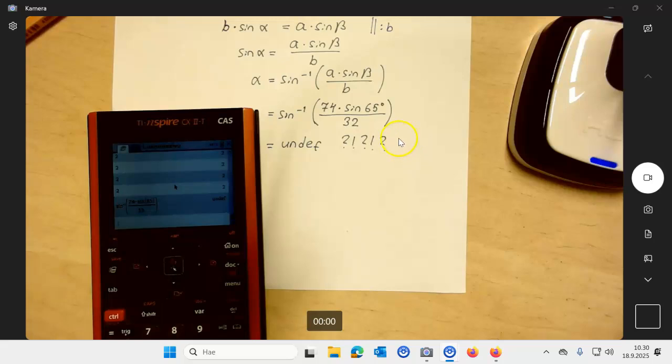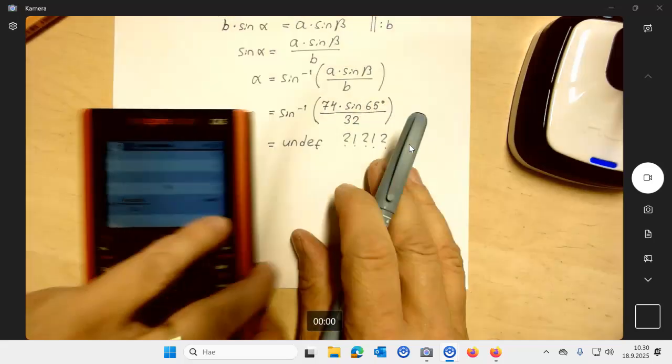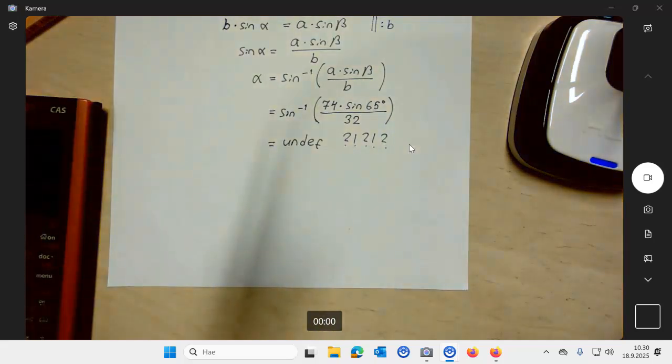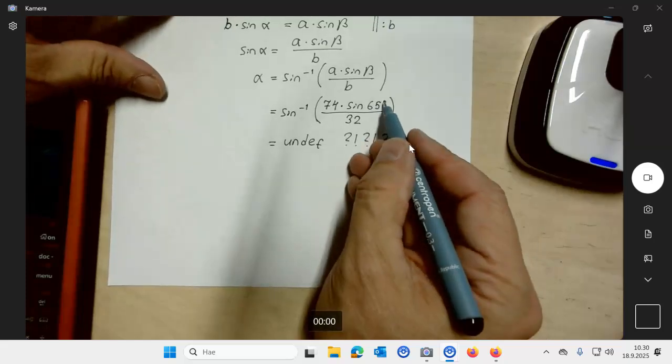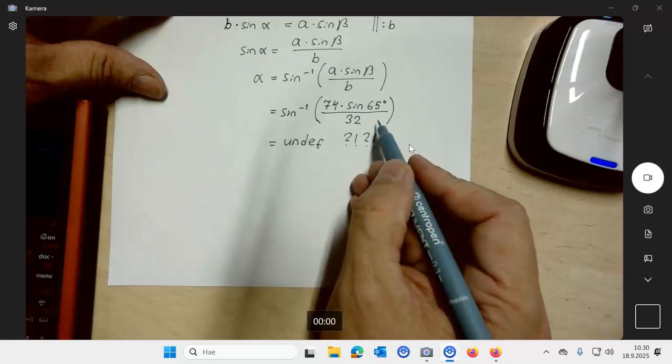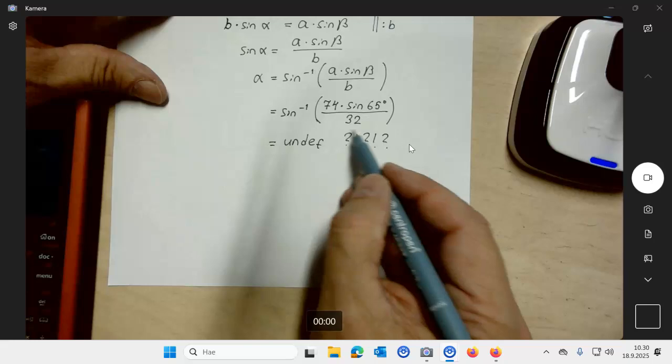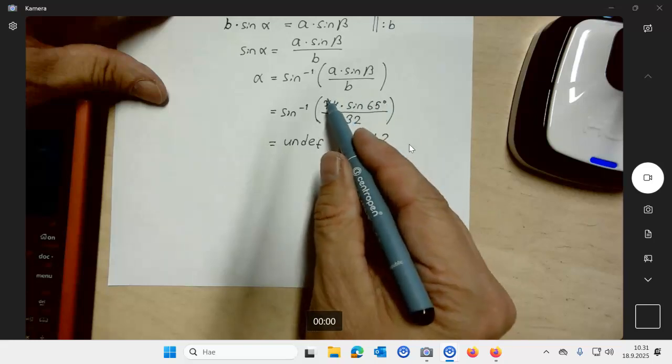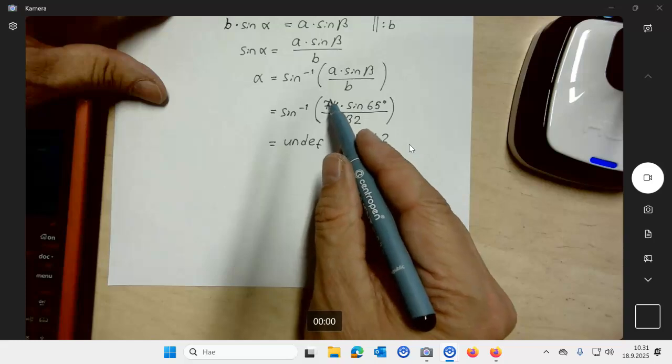Or we could also say that this length of B, 32, is too small or too short, so it is not possible to make a triangle of these measures. But we could see a more mathematical reason for this undefined result, if we calculate what will become inside of this inverse sine.